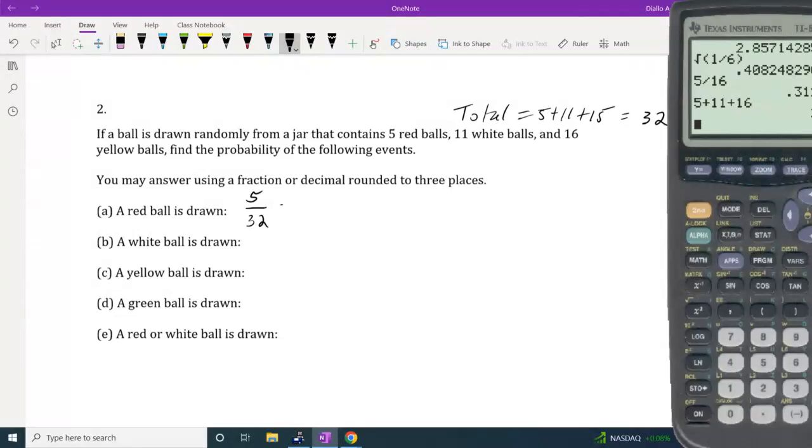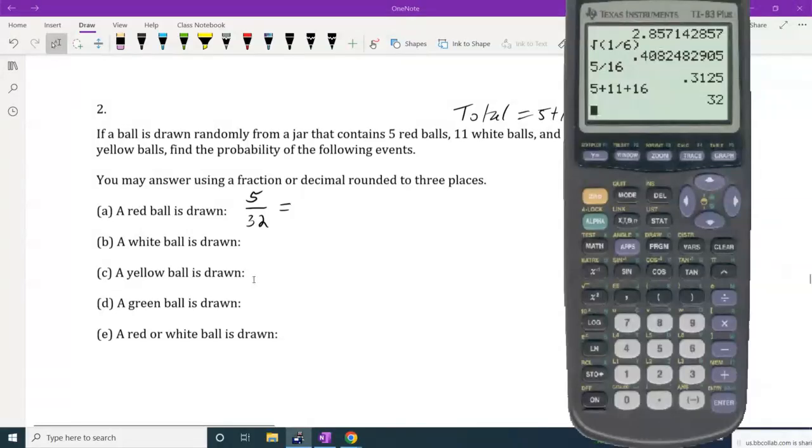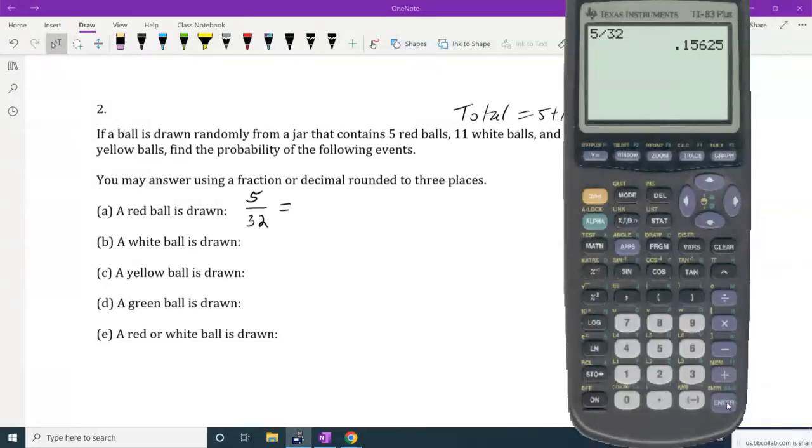That's 5 out of 32, so 32 is our denominator. If we decimalize 5 divided by 32, we get 0.156.